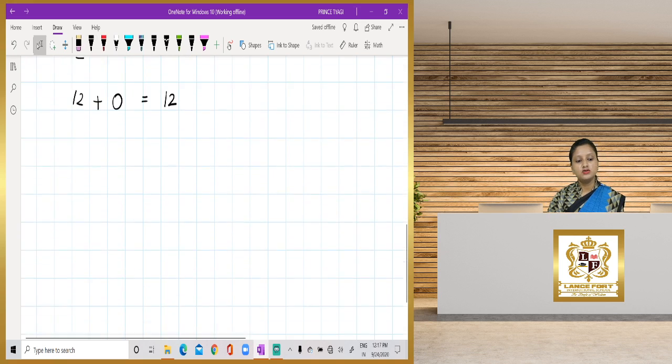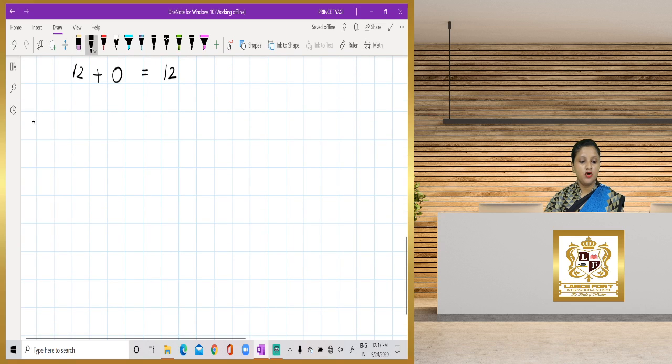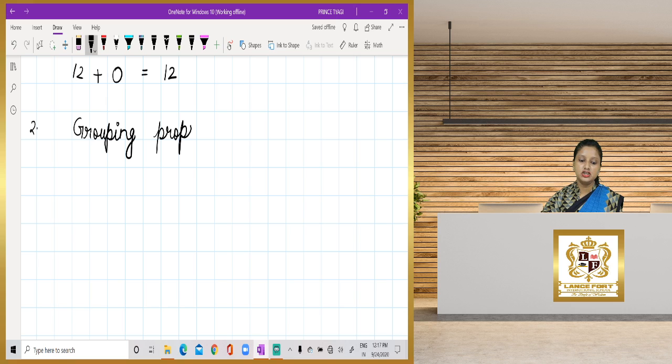Now come to the second property. The second property of addition is the grouping property of addition. This property says when we have more than two numbers.